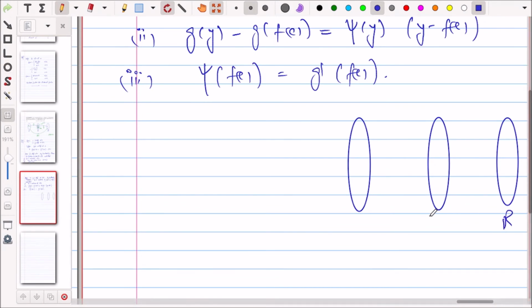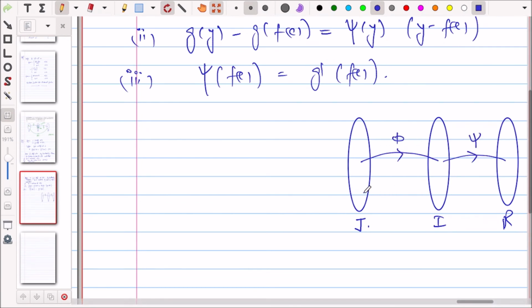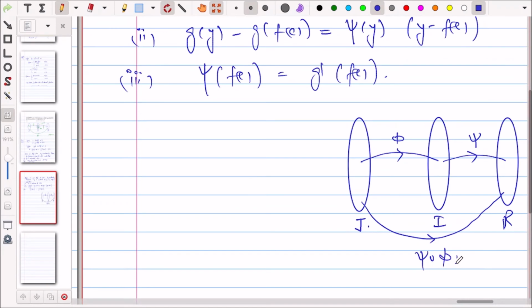So this is your R, this is your I, this is your J, this is your psi, this is your phi, this will be your psi of phi.